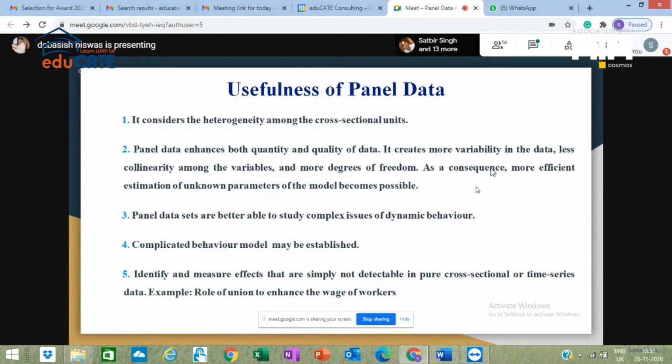Again I am saying, in case of multicollinearity, that means you are observing collinearity among many independent variables. Suppose there are 4 independent variables, A, B, C, D, and you have observed collinearity between A and B, B and C, and C and D, then it is a problem of multicollinearity.